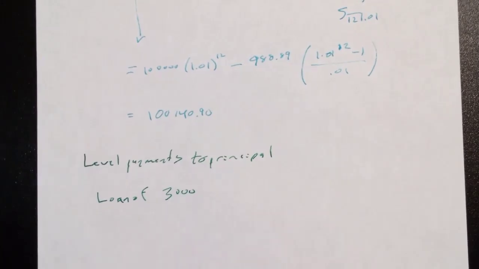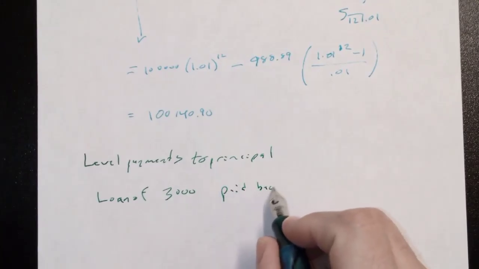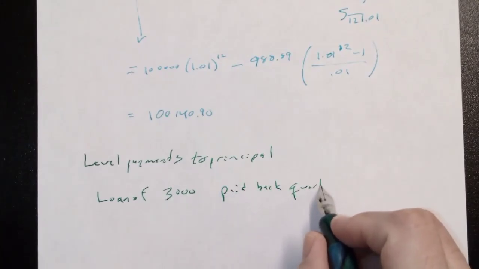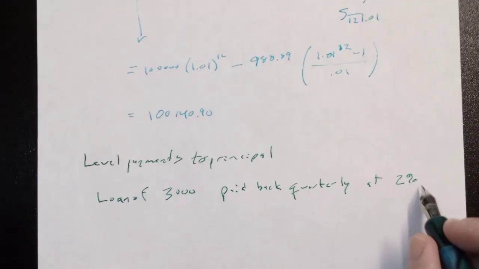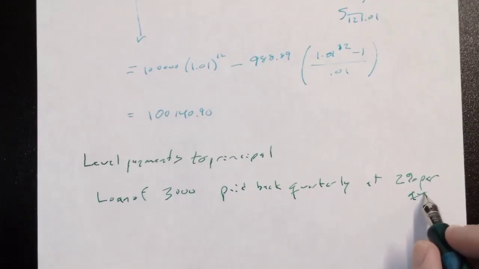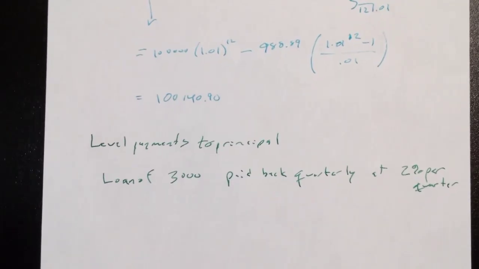Let's take a smaller loan this time. I'm only going to pay it back quarterly at 2% per quarter. Notice they gave me the rate differently in this particular loan.